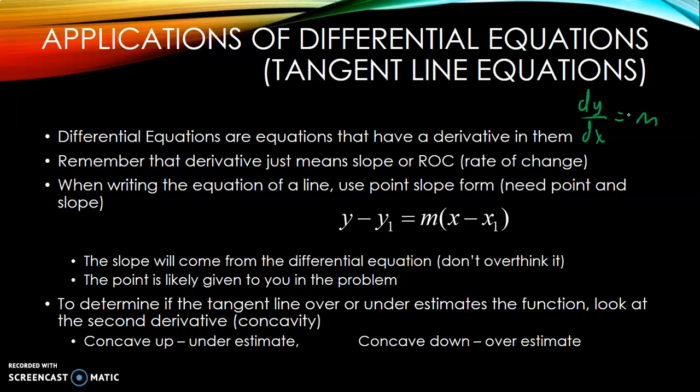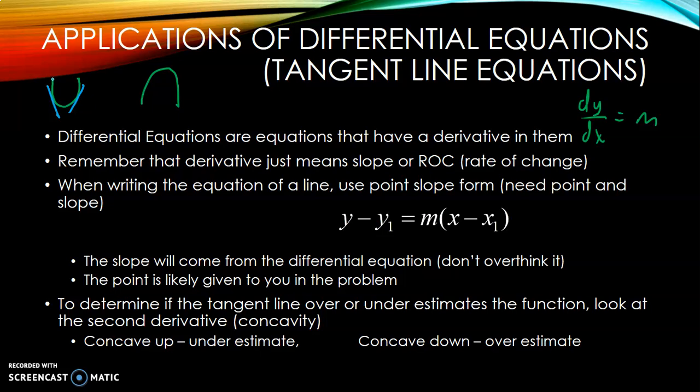So if we get an equation for dy dx, we can find the slope from that equation by just plugging in the values. Now, once we have come up with an equation for the tangent line, if we're using that to estimate the function, we need to look at the concavity, which will come from the second derivative, to figure out if it's an over or under estimate. So let's look at a concave up graph and a concave down graph. Now on this concave up graph, it doesn't matter whether I'm on this part or on this part or at the bottom.